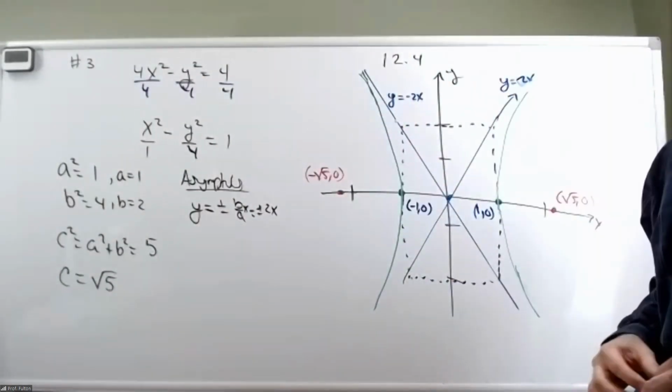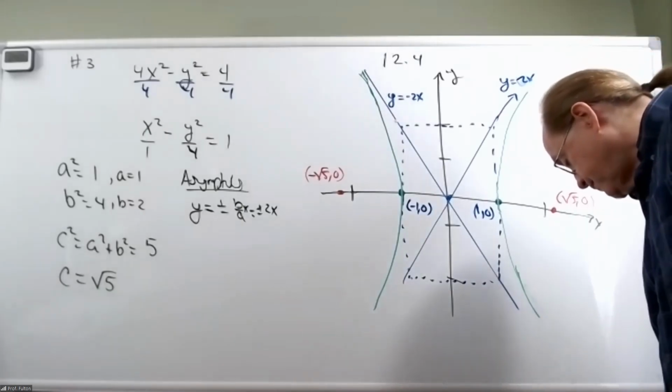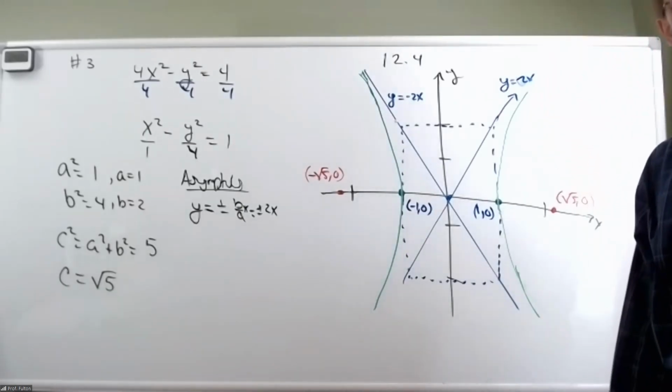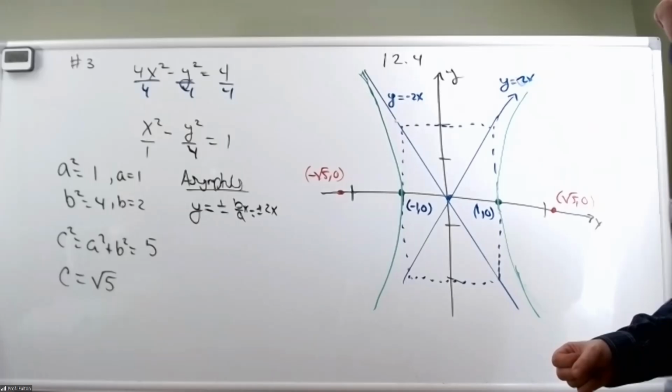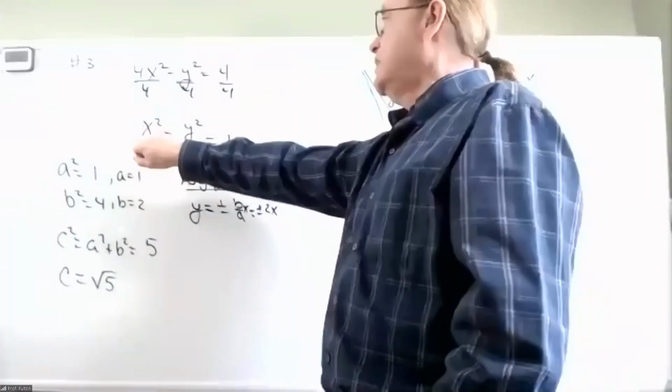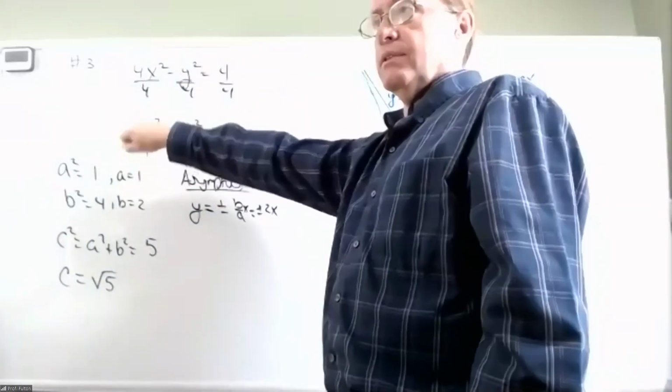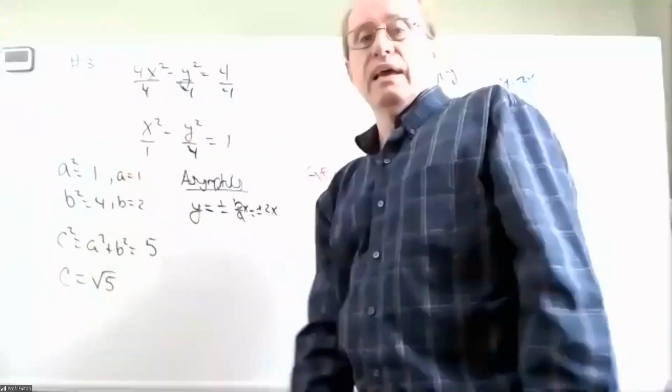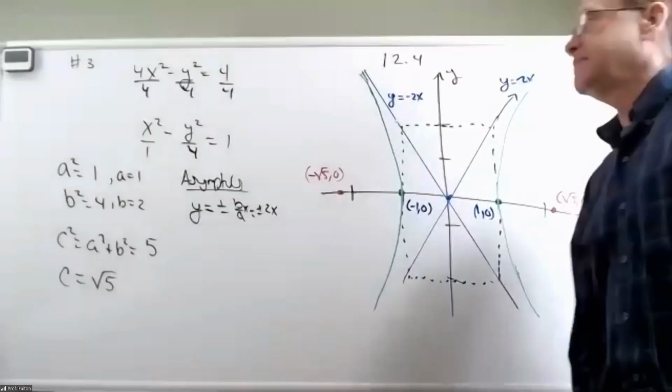So it is not true that A has to be the larger one like it was for the ellipse. The ellipse is different than the hyperbola. It's whatever is under the term without the negative, that becomes the A, and then the other one becomes the B.